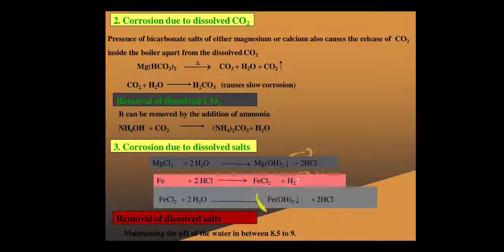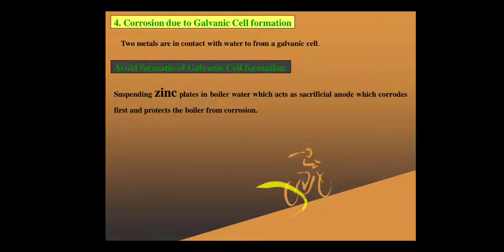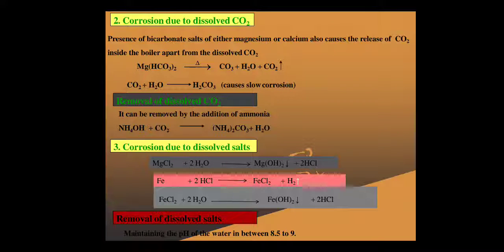It forms hydroxide of iron, and that will again cause corrosion. By maintaining the pH in between 8.5 to 9, you can remove corrosion due to the dissolved salts.